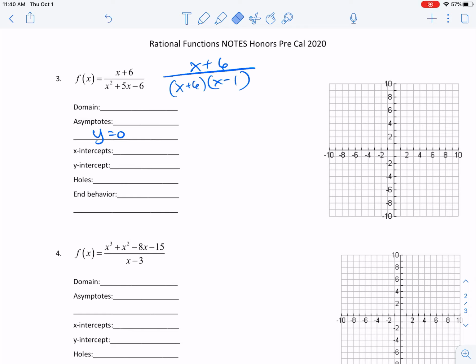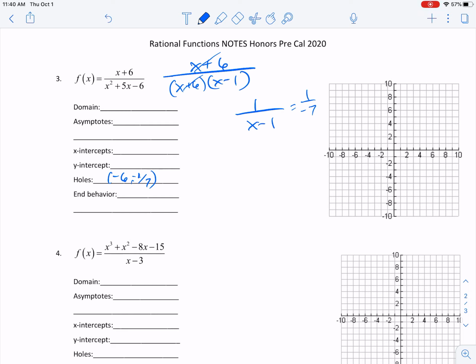Darn it. So now take that back. These cross out, so I have a hole at negative 6. To get the y value, you plug negative 6 into what's left, and you get 1 over negative 7. End behavior doesn't really matter here because we have a line. Yes, we do. Never mind.